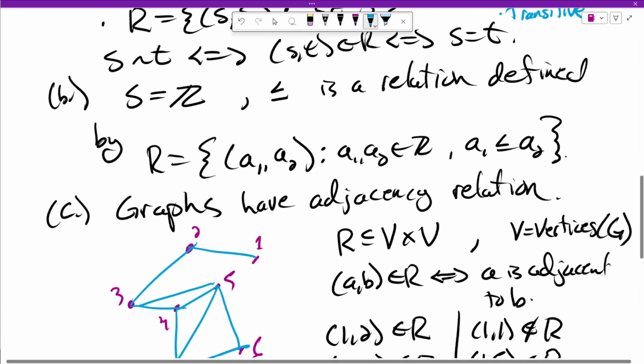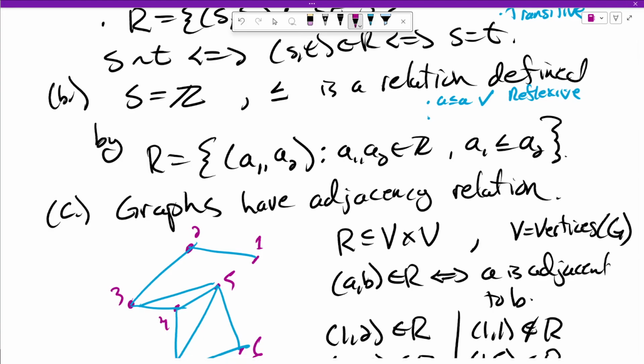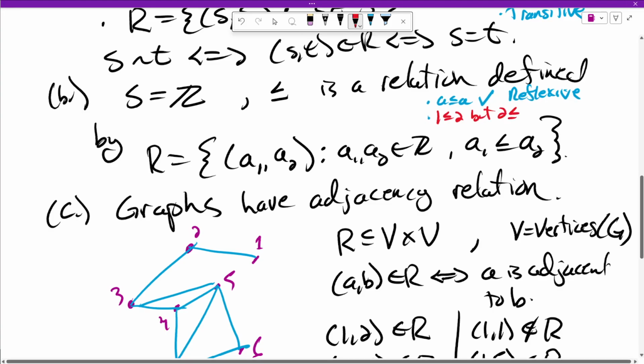All right, now let's analyze the relation less than or equal to. Is an integer less than or equal to itself? Yes, so it's reflexive. Is it symmetric? No, it's not symmetric, because 1 is less than or equal to 2, but 2 is not less than or equal to 1.